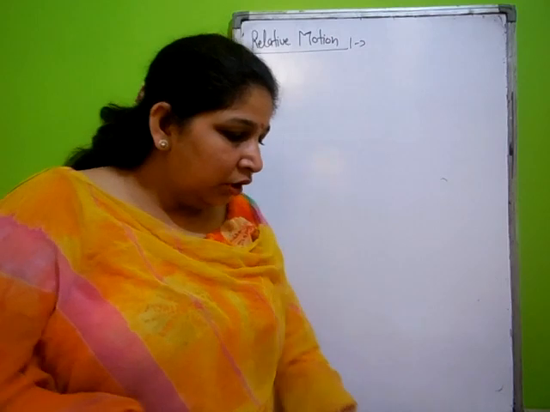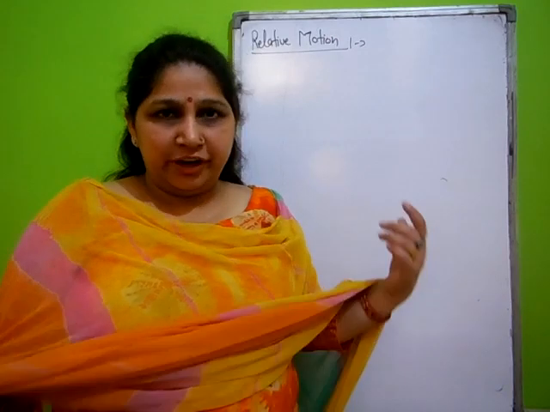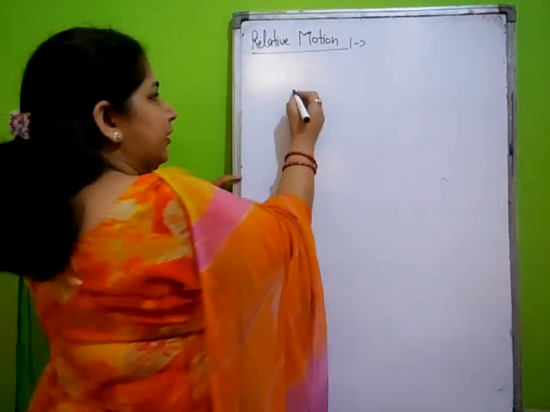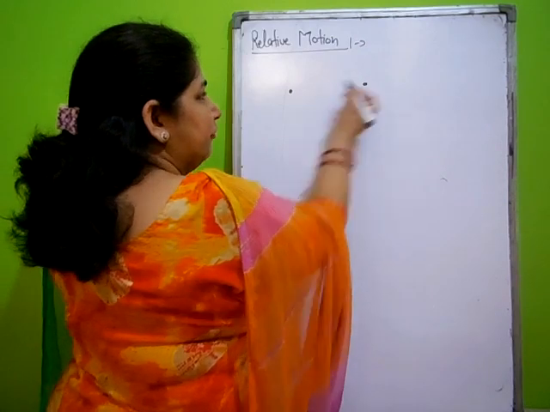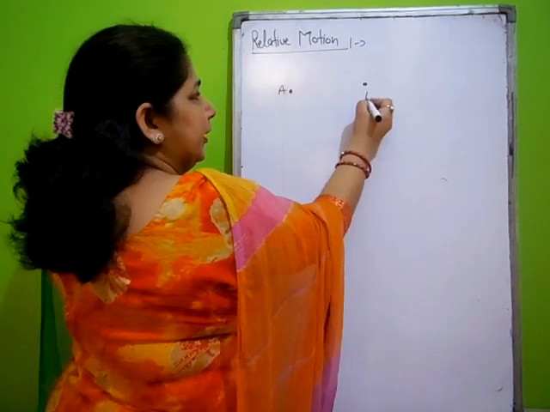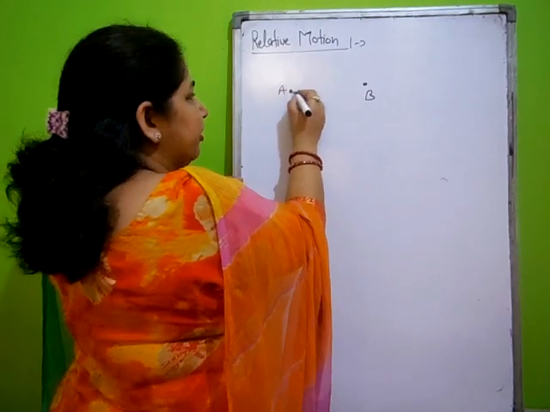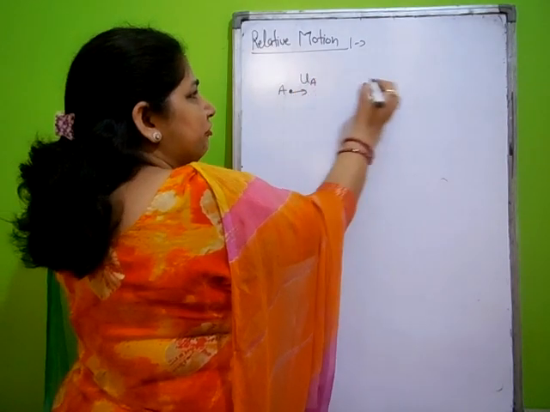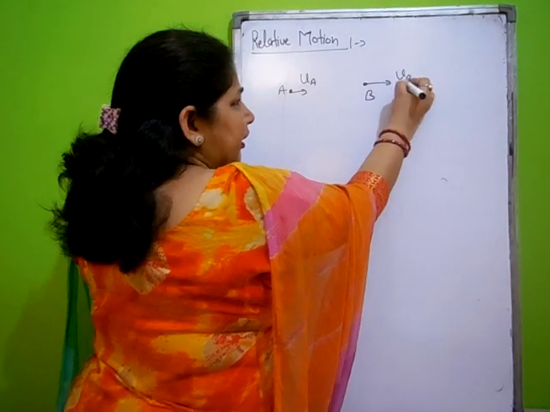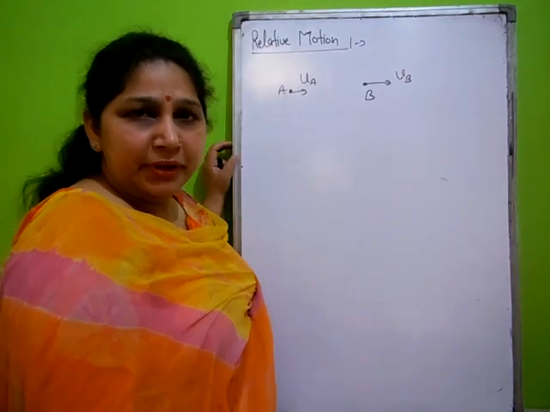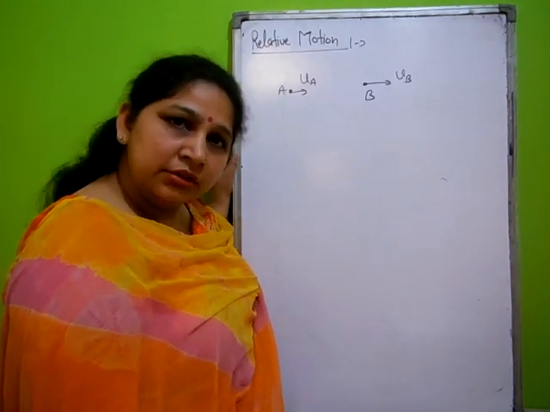Now suppose two objects are moving. We have two objects A and B. Both are moving with velocities VA and VB. Here we are writing VA and VB with respect to earth.